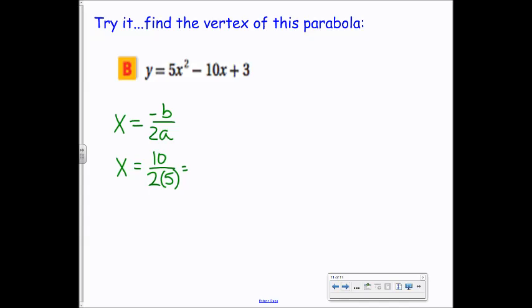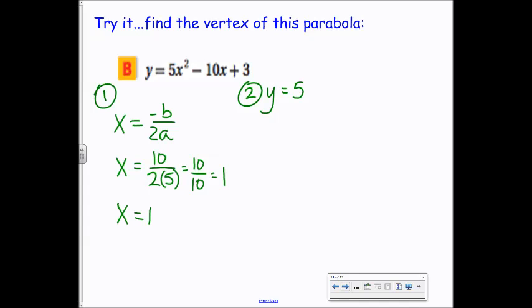Then what do I do? So that's part 1. Plug it into what? My original equation for x, right? How many times do I write that in here? Twice. So it becomes y equals 5 times 1 squared minus 10 times 1 plus 3. What's 1 squared?